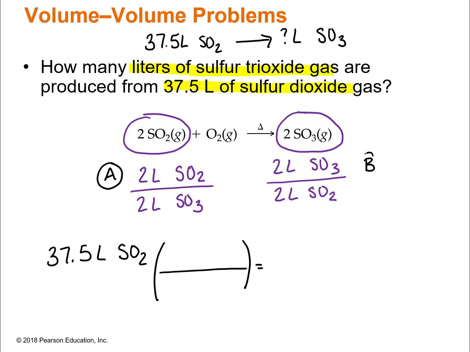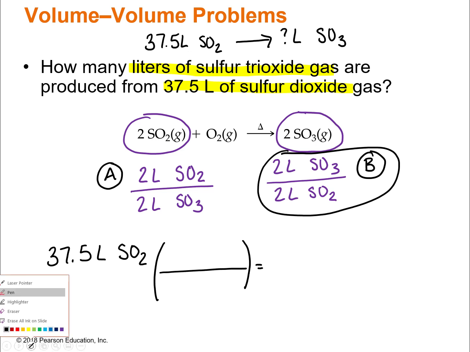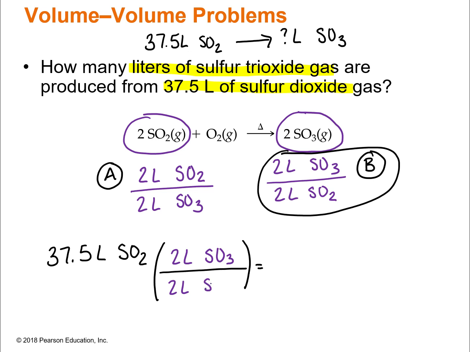Am I using A or B to get from sulfur dioxide to sulfur trioxide? Make sure that your units cancel, as always.